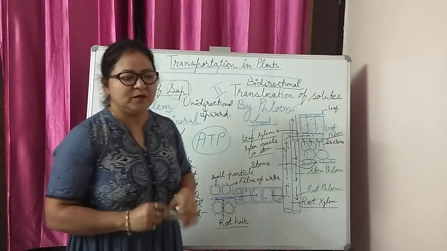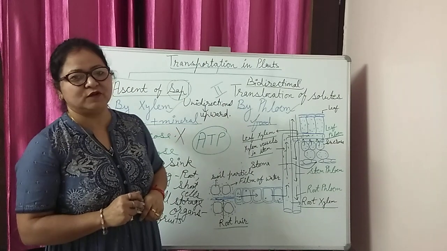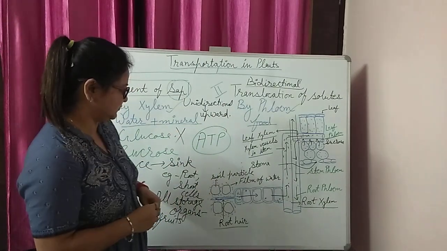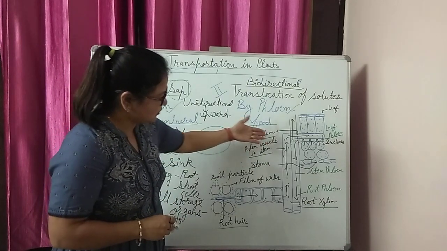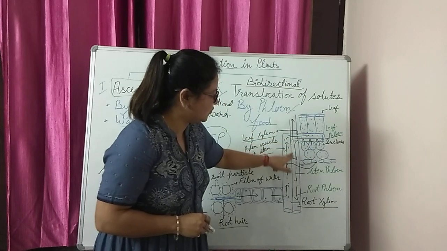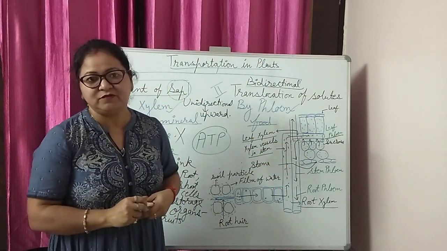One more thing in the concept of translocation of solute. In this process, what is the main part where the movement of sucrose molecules is going on? What is the main component of the phloem?